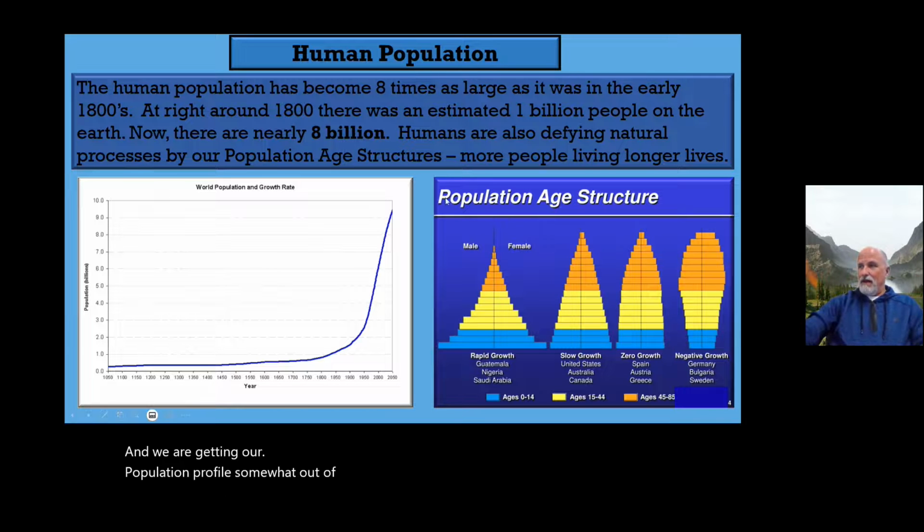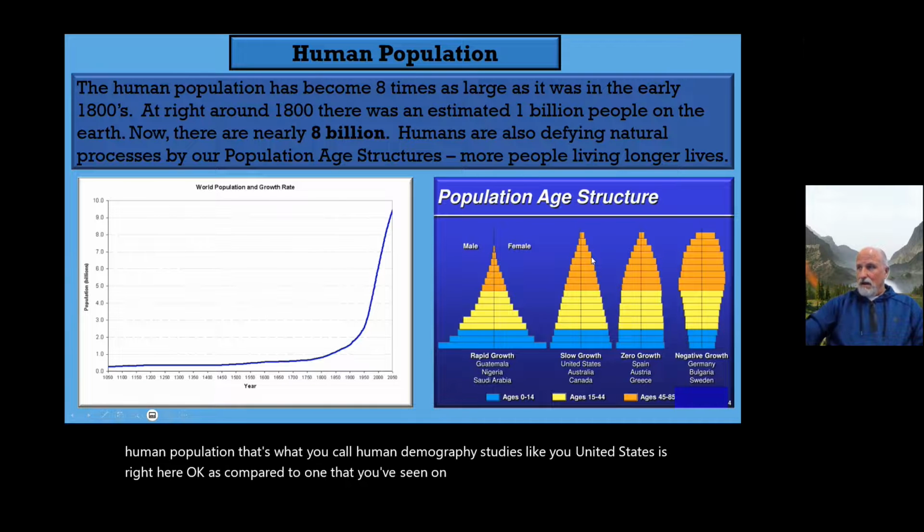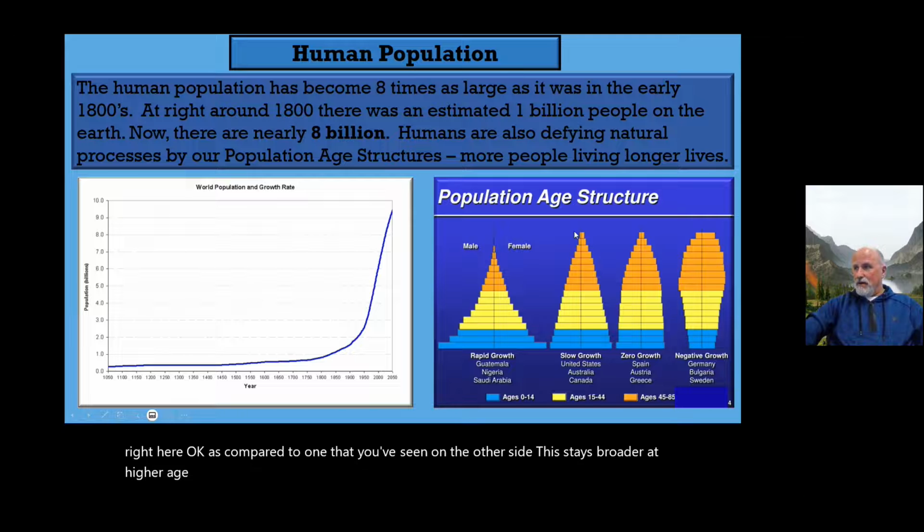If you look at the age structure of the human population, that's what you call human demography studies. You see the United States is right here, as compared to one that you've seen on the other slide, this stays broader at higher age classes. So when you're up here at the top, you're in the 80 years old range. These become broader as we come up here.